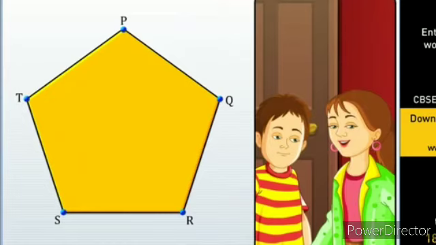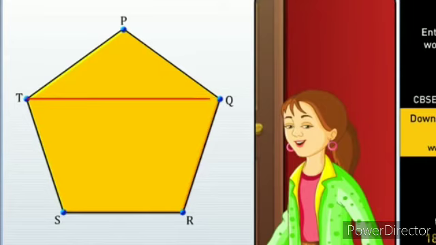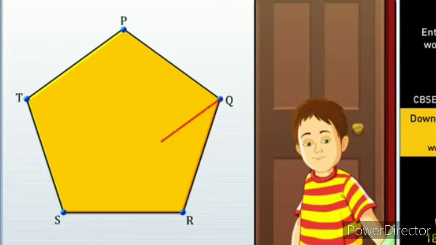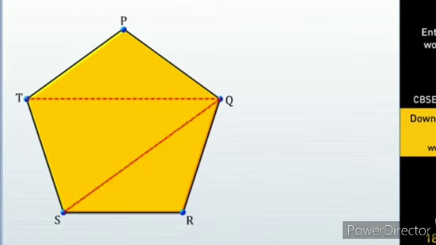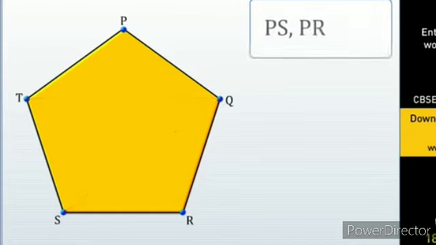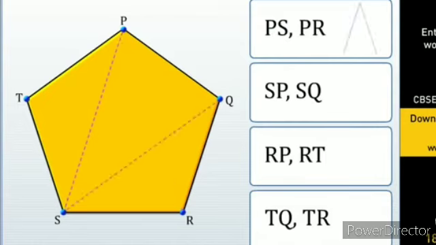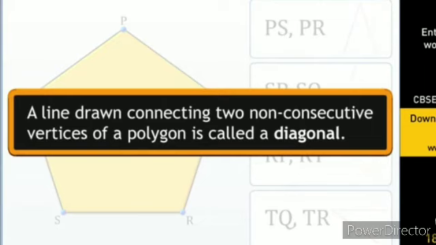Alice and John, can you show the other diagonals of this polygon? From vertex T to vertex Q and vertex R. From vertex Q to vertex S and then to vertex T. The diagonal from T and Q is already drawn, so it is considered as a diagonal from Q to T. So we can conclude that a line drawn connecting 2 non-consecutive vertices of a polygon is called a diagonal.